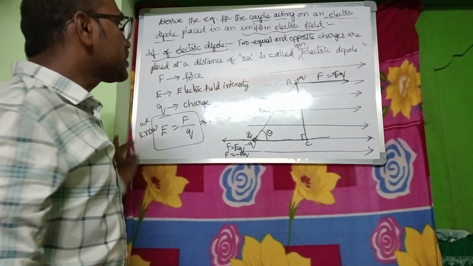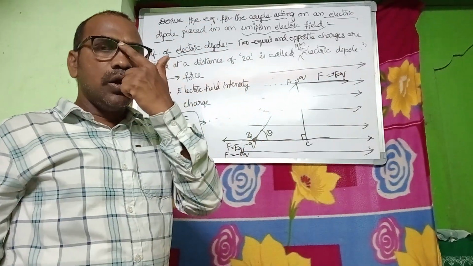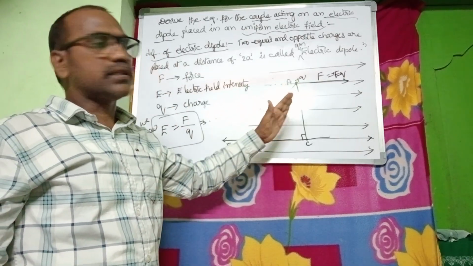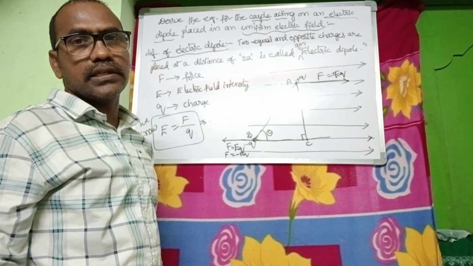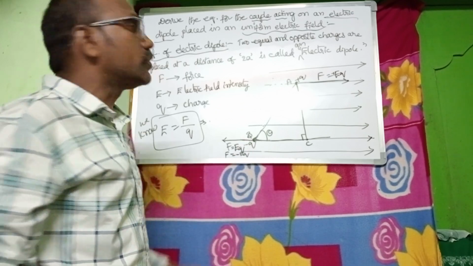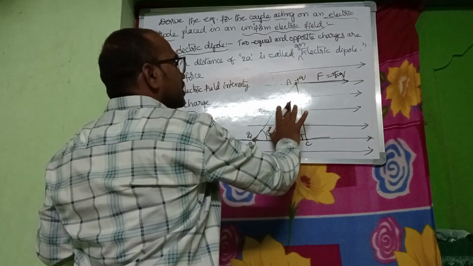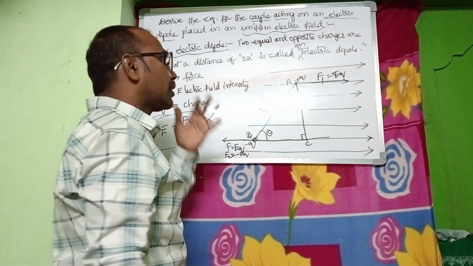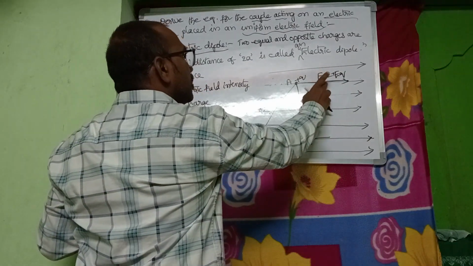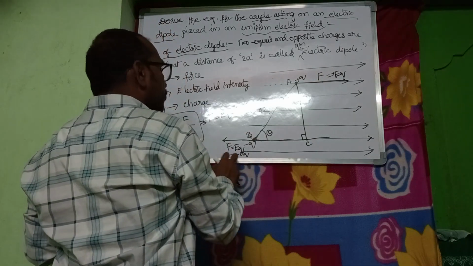Now, since the forces are equal but act in opposite directions, this dipole rotates in the clockwise direction. That means a couple is formed. Let these be F1 and F2.